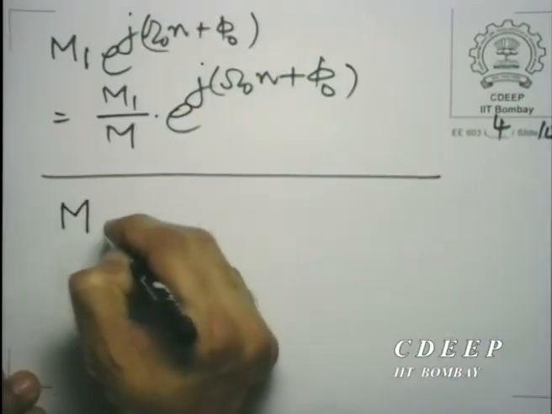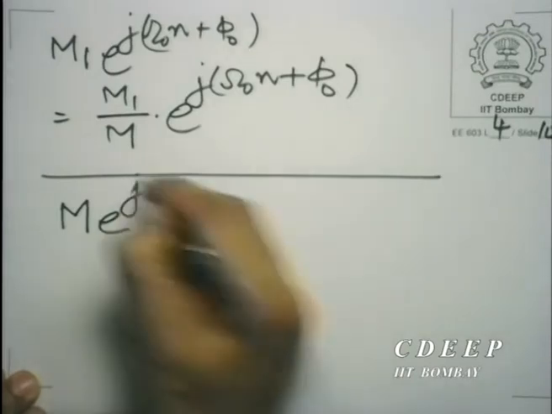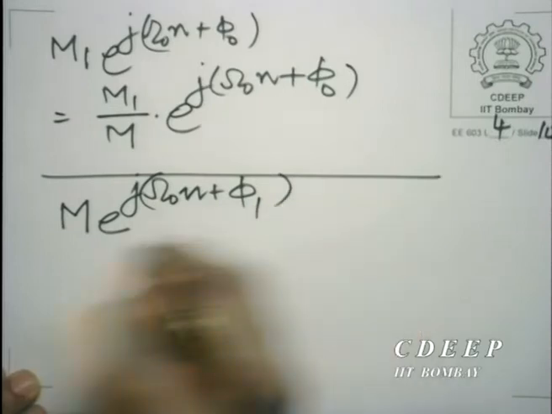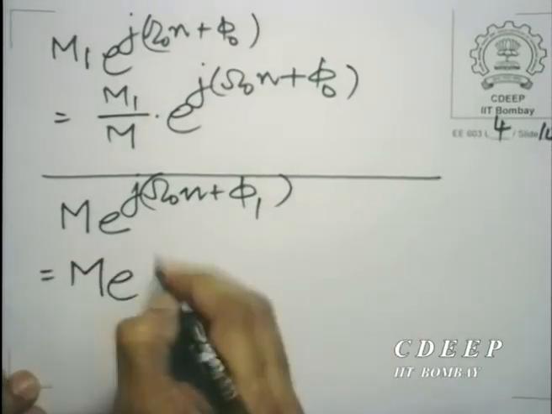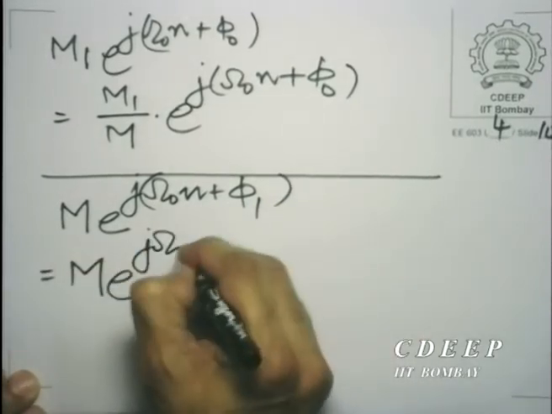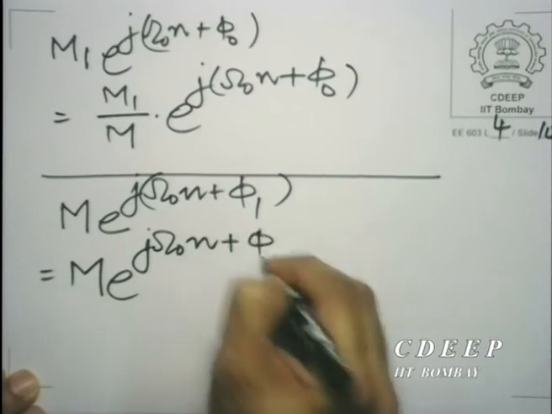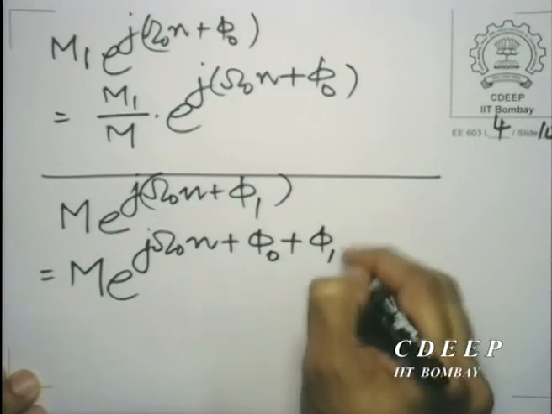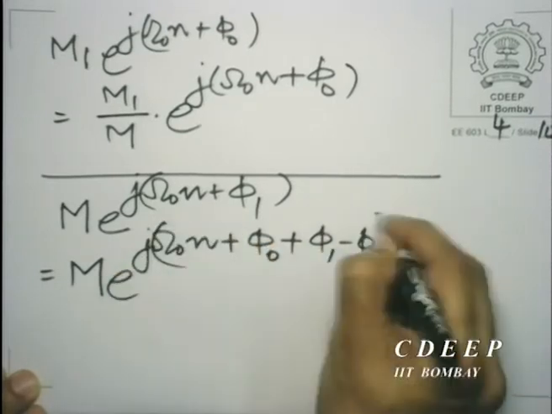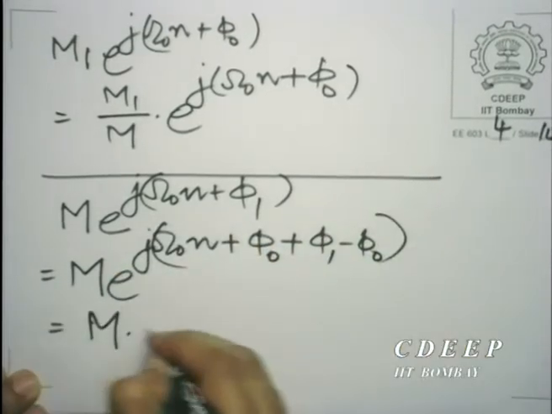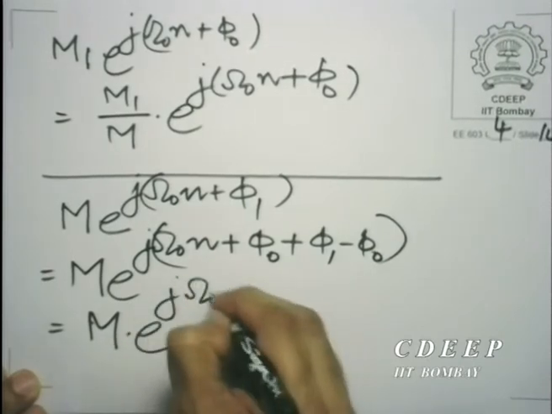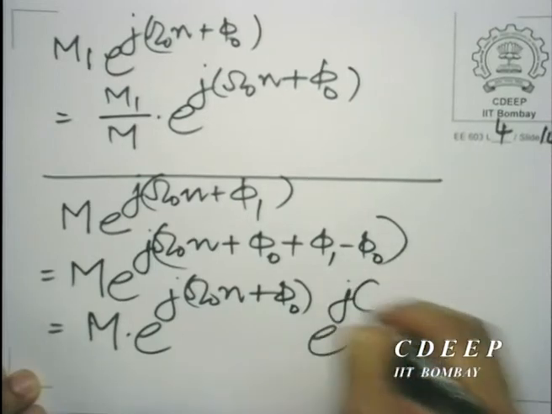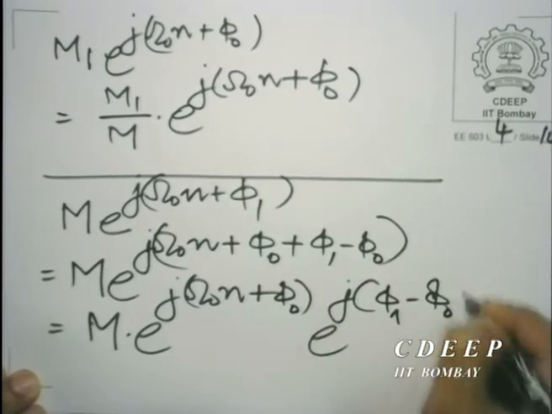So, if I were to change the phase to theta 1, this could be rewritten as m e raised to the power j (omega naught n plus phi 0 plus phi 1 minus phi 0). And of course, that can be rewritten as m e raised to the power j (omega naught n plus phi naught) times e raised to the power j (phi 1 minus phi naught).